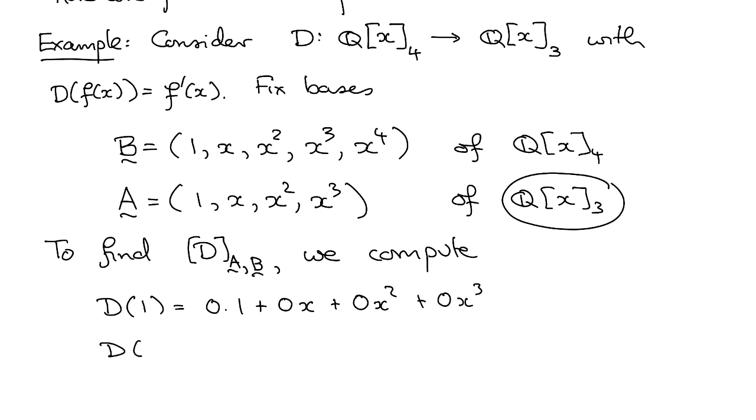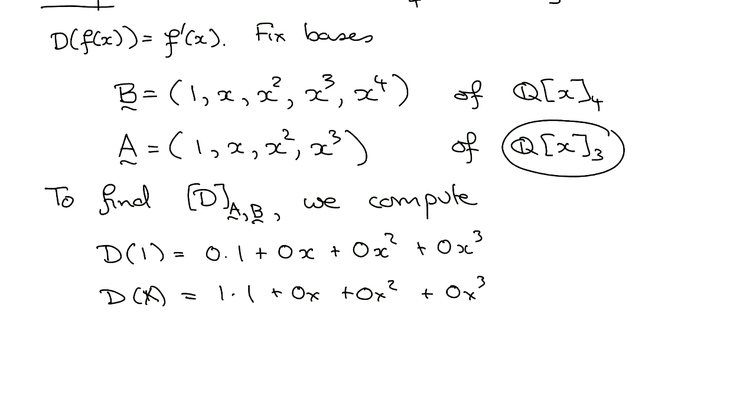D of x, sorry, that's 1, which is 1 times 1, plus 0 times x plus 0 times x squared plus 0 times x cubed. D of x squared is 0 times 1 plus 2 times x plus 0 x squared, and so on.